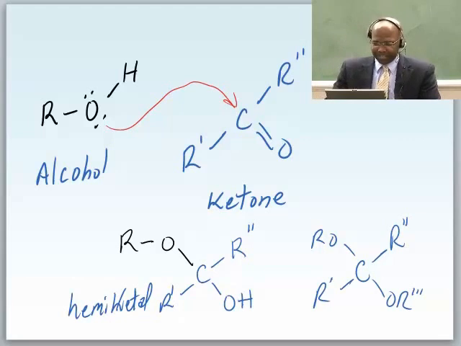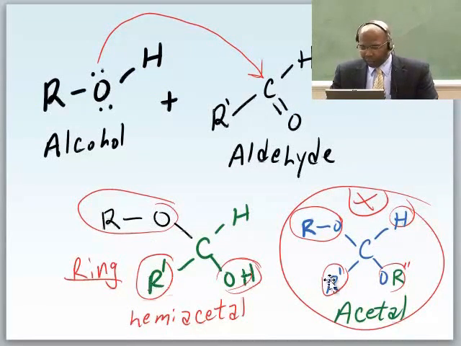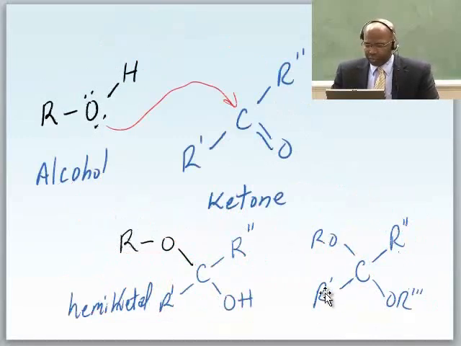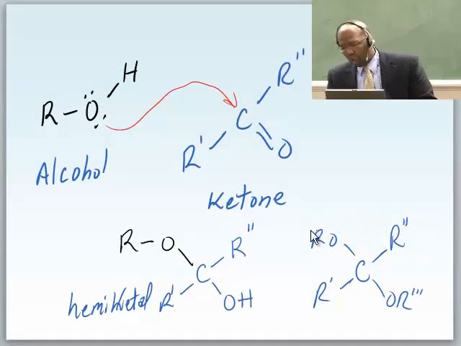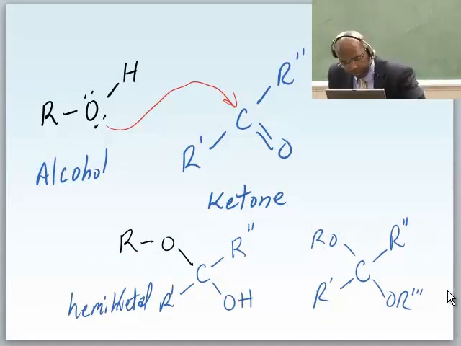A hemiketal has two R's, an OR, and an OH. A hemiacetal has one OR, one R. A full acetal has two ORs and one R. What's going to be the name of this structure that has two R's and two ORs? A ketal. It's a ketal.